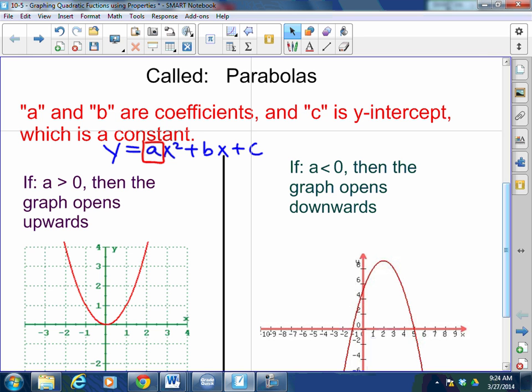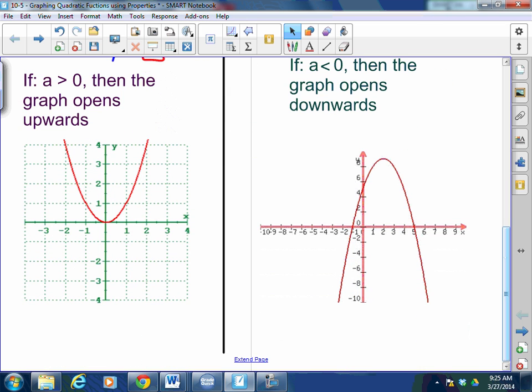It's that simple. If it's a positive number in front of x squared, you are going to be graphing a U-shaped graph that is pointing upwards. If you graph it and it's pointing downwards, I'm sorry, but you made a mistake. Period. Go back to the drawing board, do it again. If a is negative, though, okay, it will open downwards. If it's negative, just like in the diagram that I have right here, it will open downwards. Pretty simple so far, right?